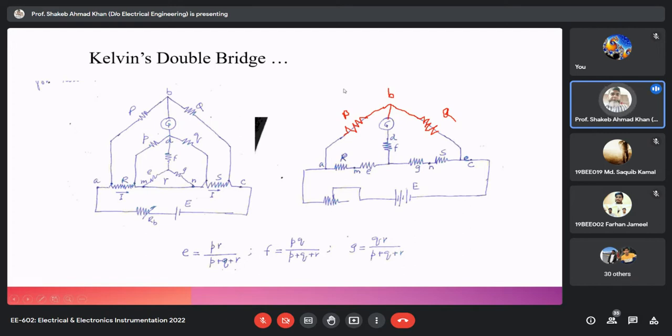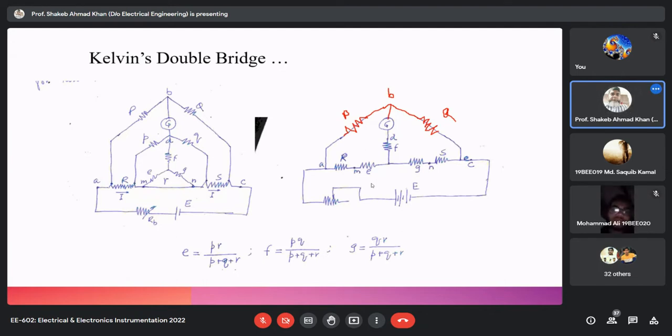So if you look at this diagram, what do we achieve after transformation? The circuit diagram is simplified.